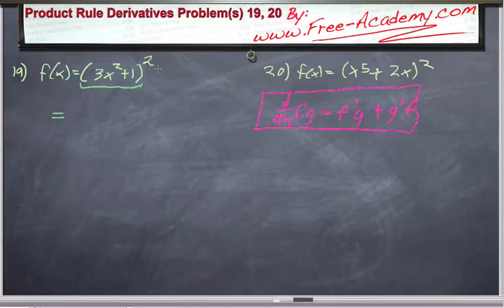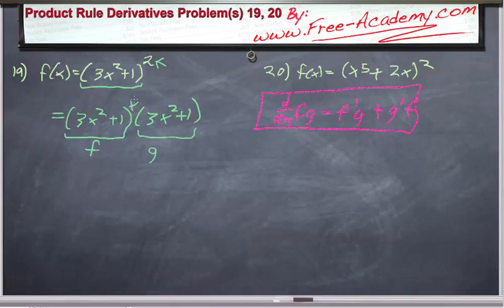Or have we? Because of the square here, we can very simply rewrite this as 3x squared plus 1 times 3x squared plus 1. And just like in our previous lectures, we call the first half f and the second half g, f times g, which is a necessary condition to apply our product rule.